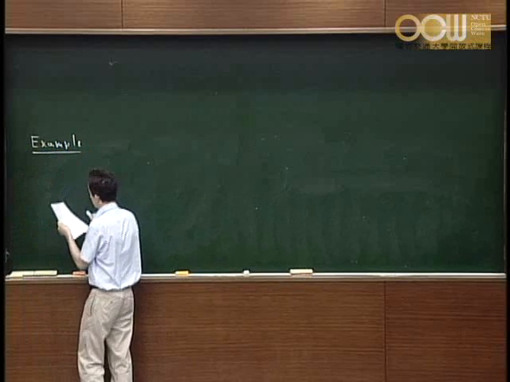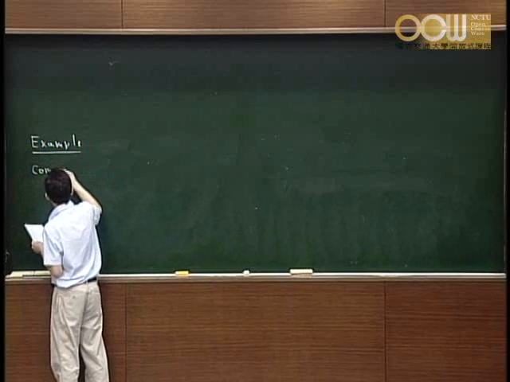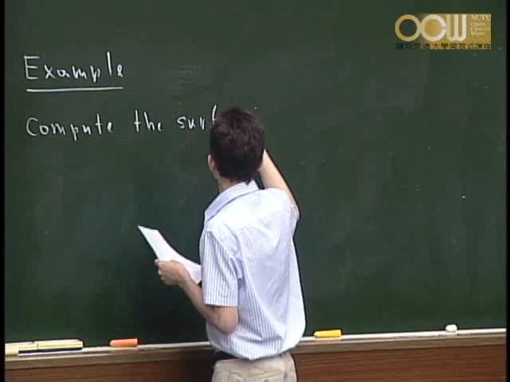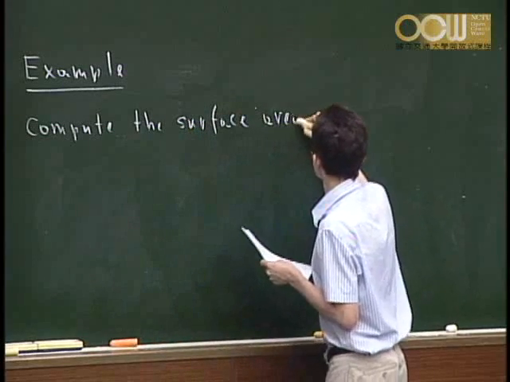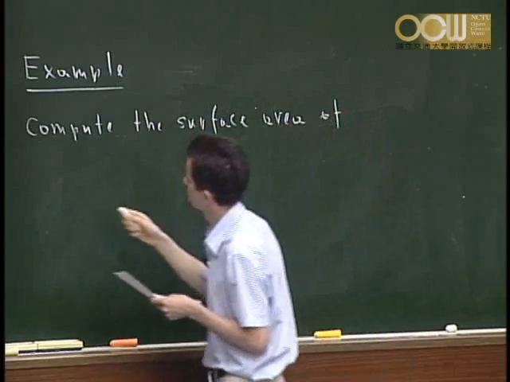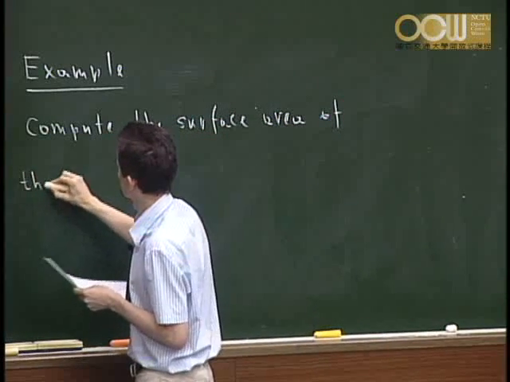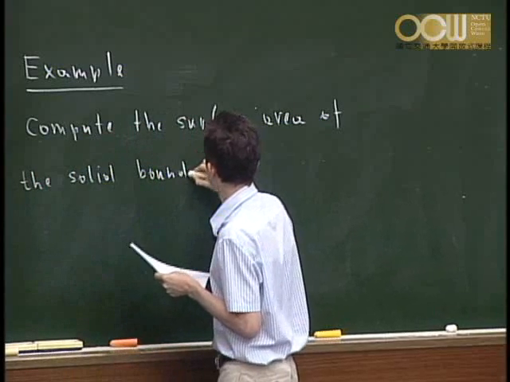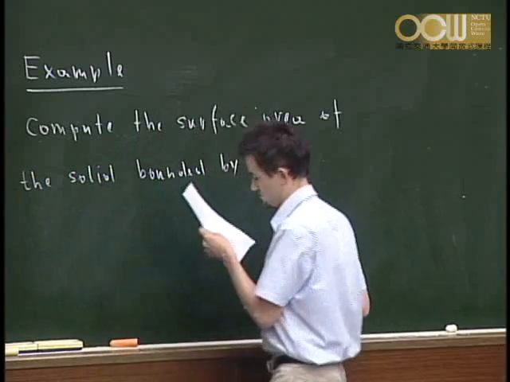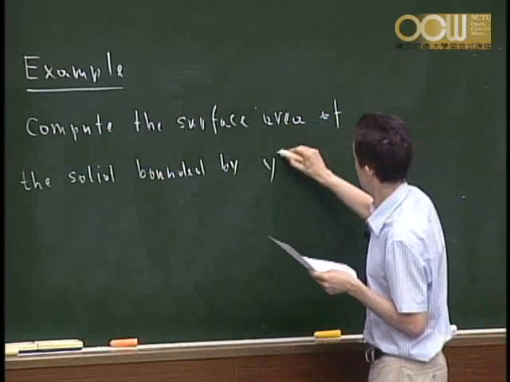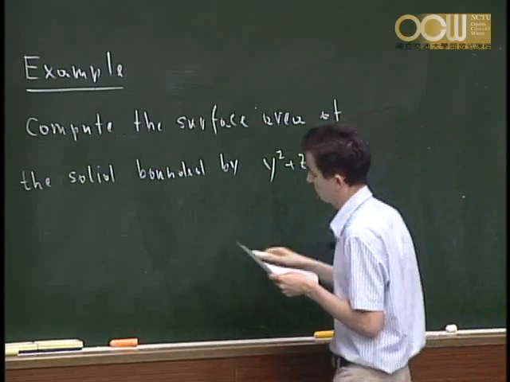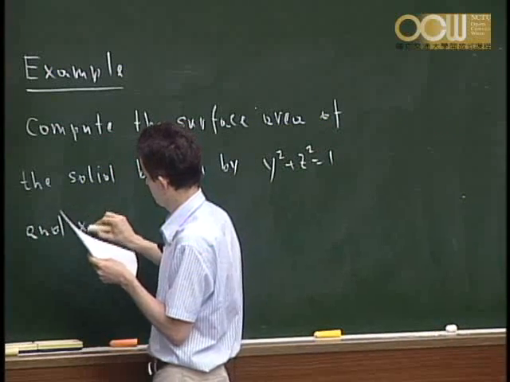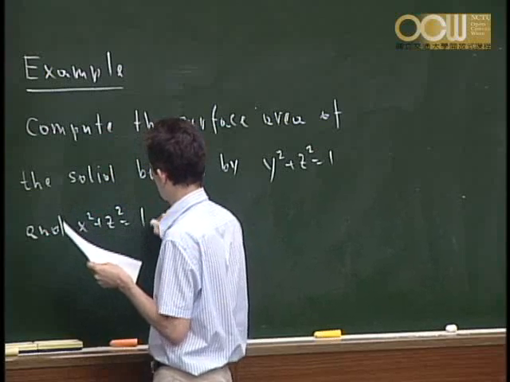Compute the surface area of the solid bounded by y squared plus z squared equal to 1, and x squared plus z squared equal to 1.